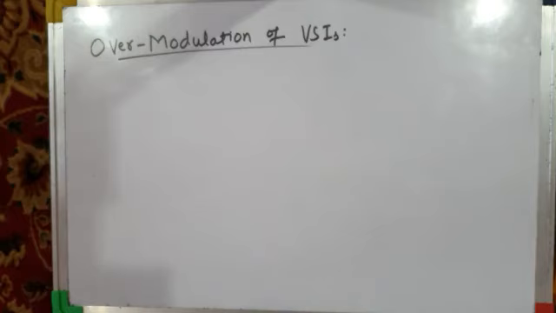When we apply PWM technique in any inverter, whether it's a single phase or three-phase voltage source inverter, the harmonic spectrum shows that there are no lower order harmonics. There are harmonics around the carrier frequency, multiples of carrier frequency, and their sidebands, which are very weak in amplitude and very easy to filter out.